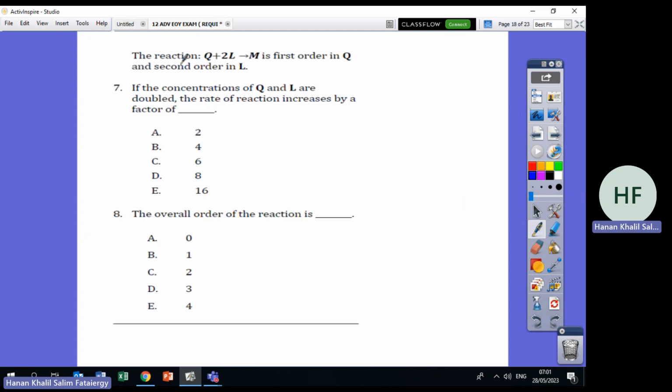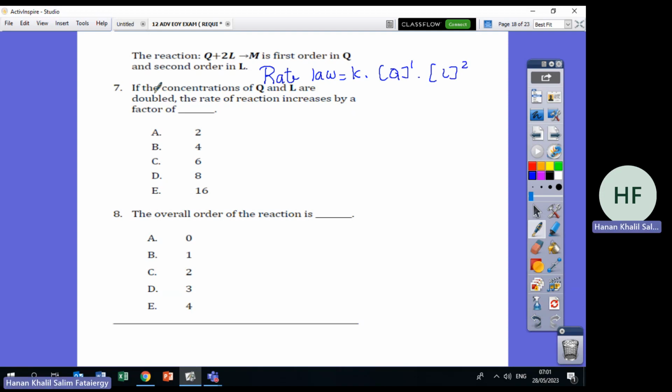Now another question. For the reaction that is first order in Q and second order in L. What does that mean? It means when I write the rate law, it will be k times Q power first order, which is 1, times L second order, so L will be power 2.